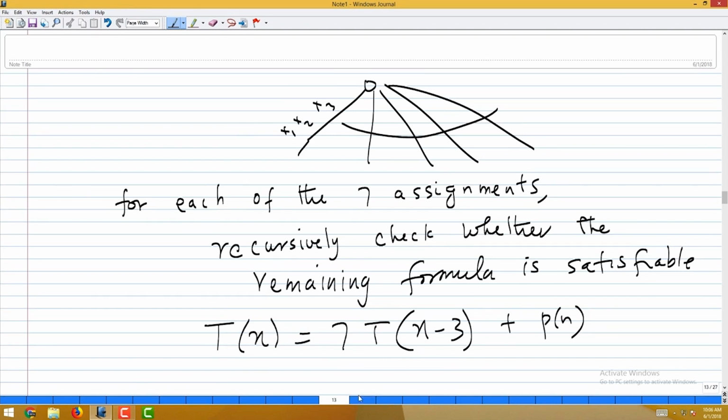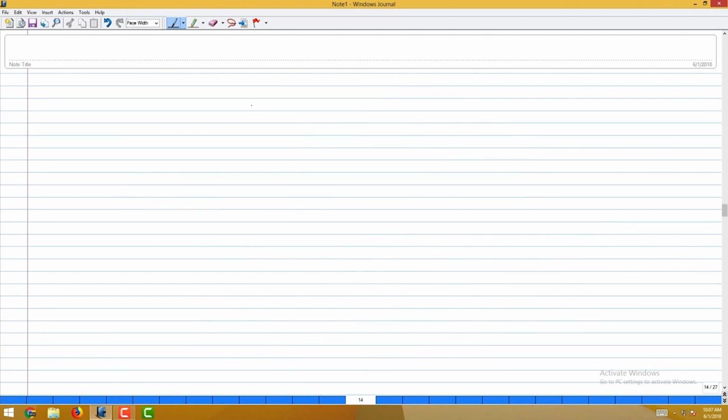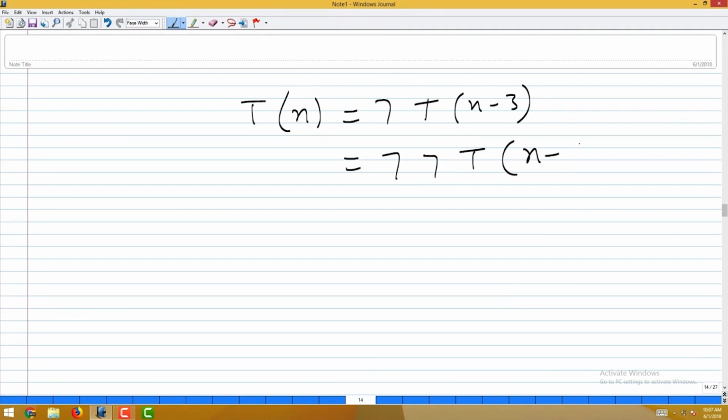In this world, these are called branching algorithms. Basically, it is like backtracking or whatever you would have seen. We are trying brute force all assignments, but we know that certain assignments early on we rule out quickly, and that helps your recursion. So, can we try and expand this? Suppose I expand 7 times T of n minus 3. This would be 7 times 7 times T of n minus 6.